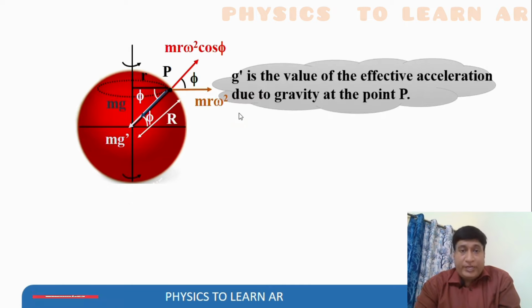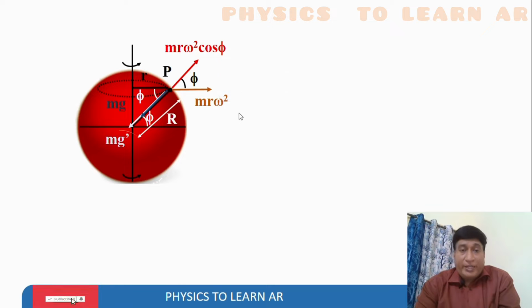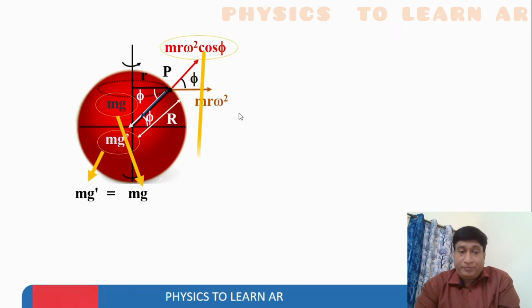With this diagram, if g dash is the effective acceleration due to gravity at point P, then mg dash equals mg, which acts towards the center of the Earth, minus m r omega square cos phi, which acts away from the Earth, that is the centrifugal force.